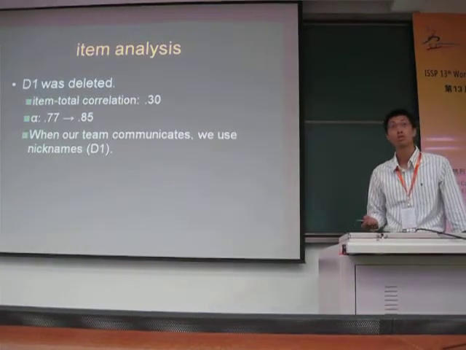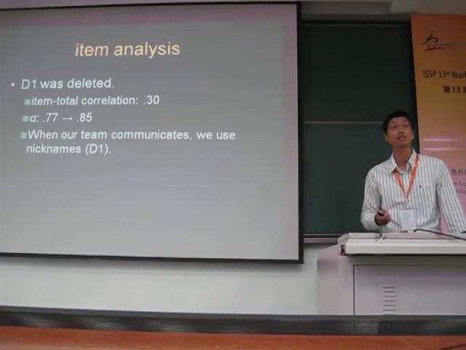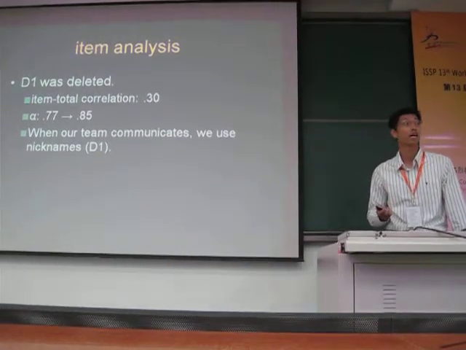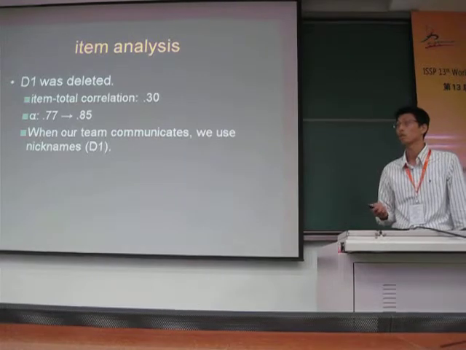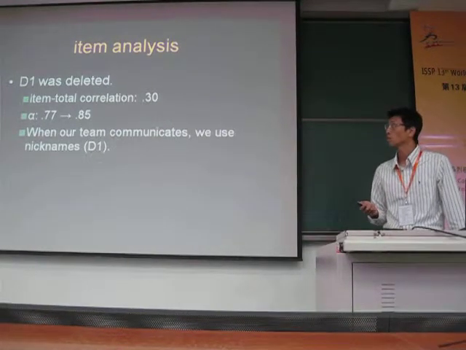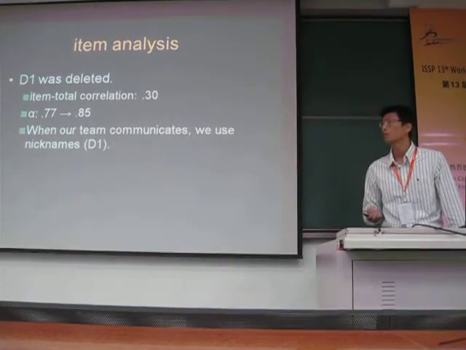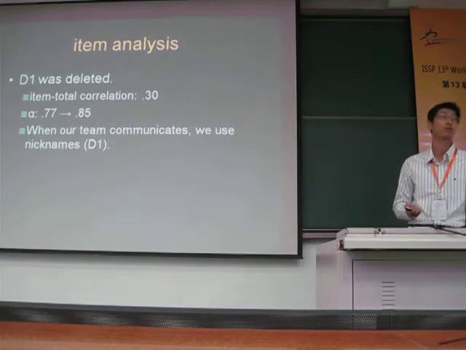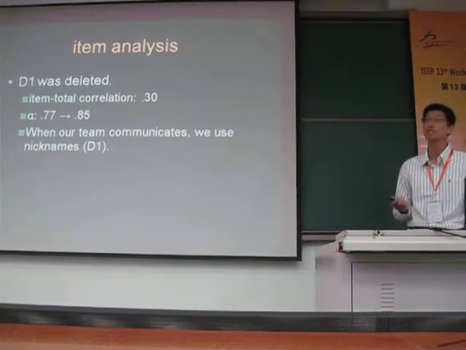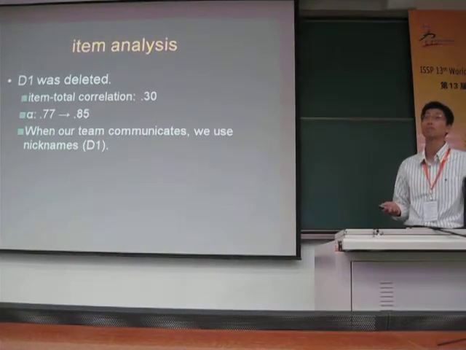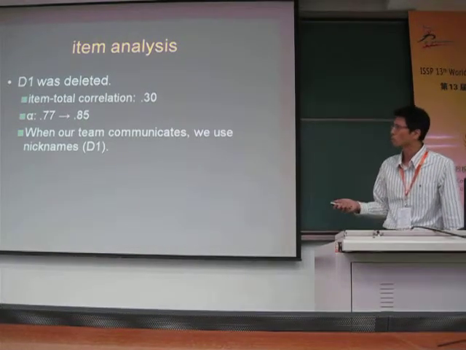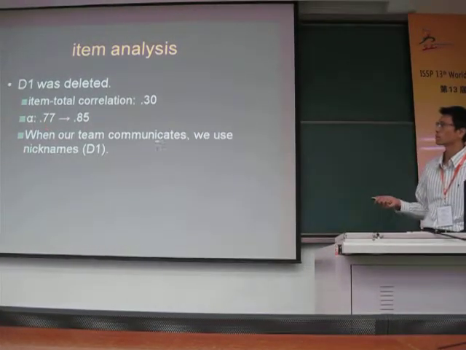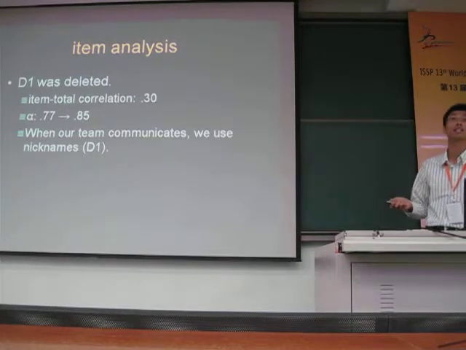However, results from our item analysis show that the first item in the distinctiveness subscale has low item total correlation, and the alpha increased significantly after the item was deleted. So the item was deleted. The item was: when our team communicates, we use nicknames.